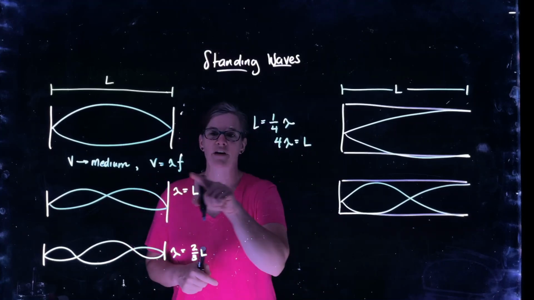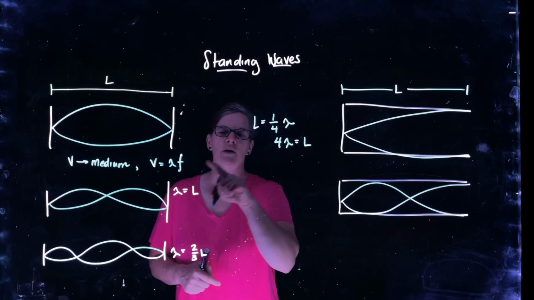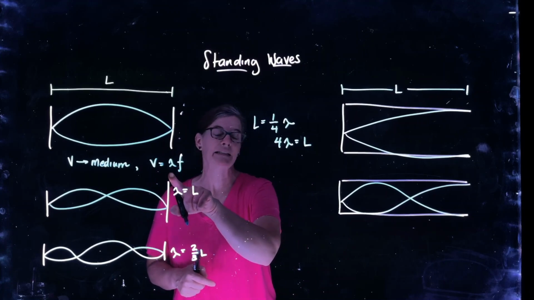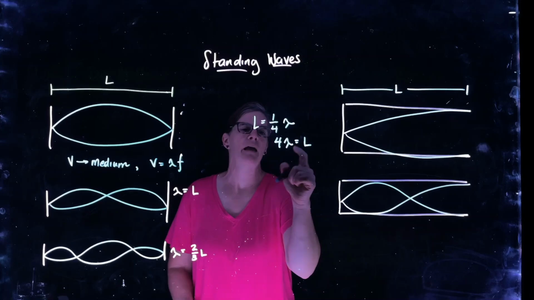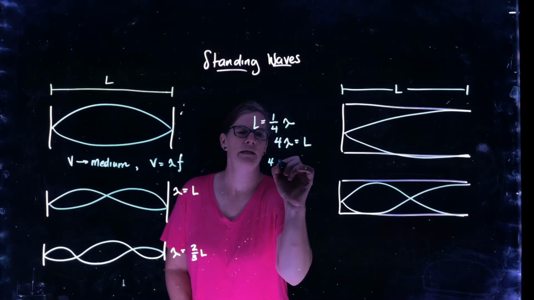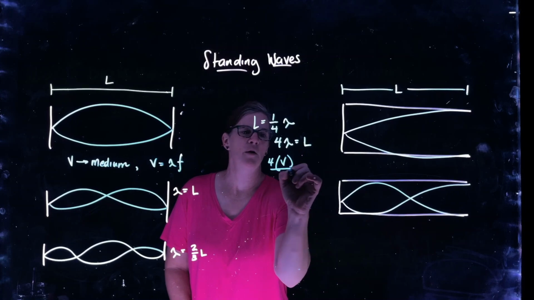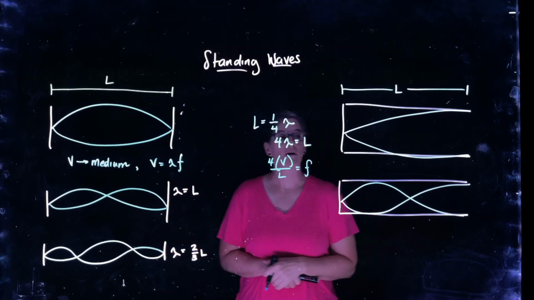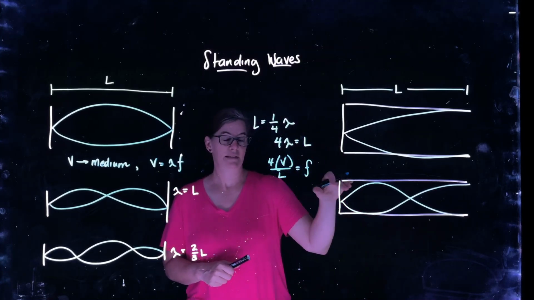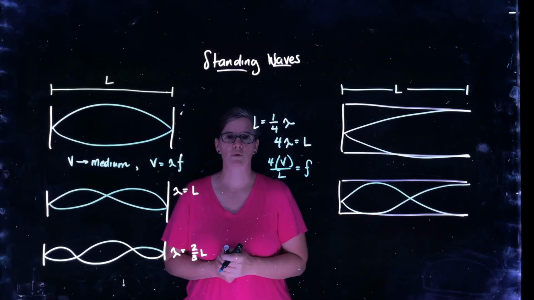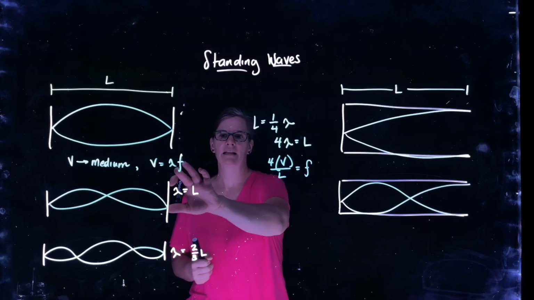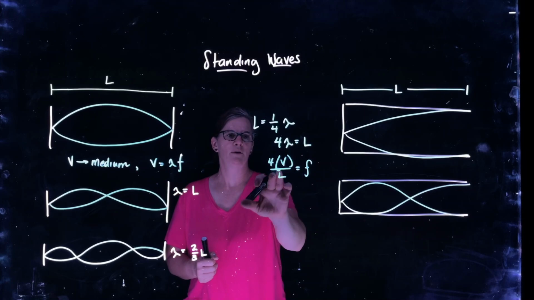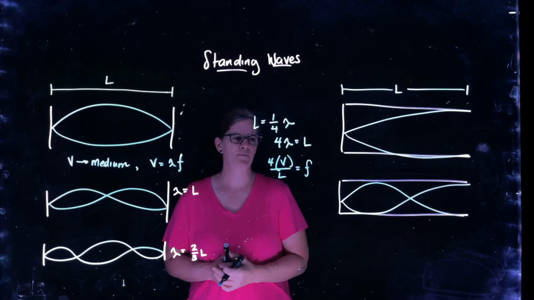So if I do my same behavior where I plug in that the velocity is equal to the wavelength times the frequency, I have V over 4L is equal to my fundamental frequency for a standing wave in a closed open tube. Right? So I'm just plugging in lambda as V over f, bringing the f over, bringing the L down.